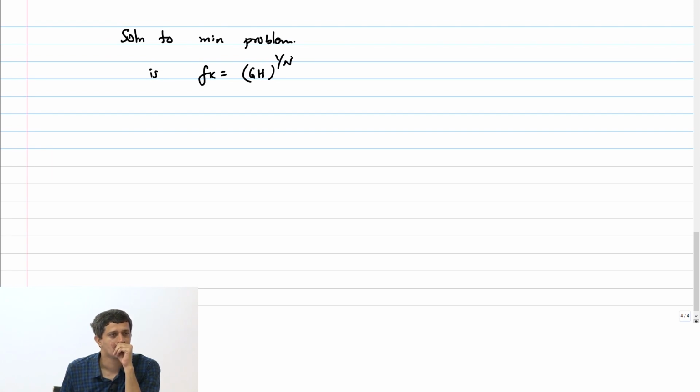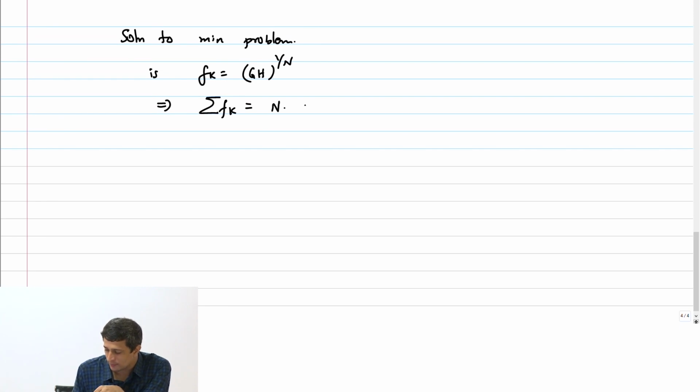Okay, and this implies that summation Fk is simply going to be n times (G into H) whole power 1 by n.